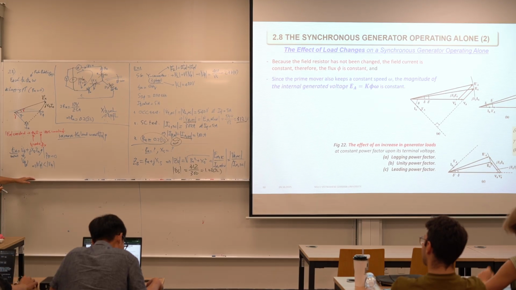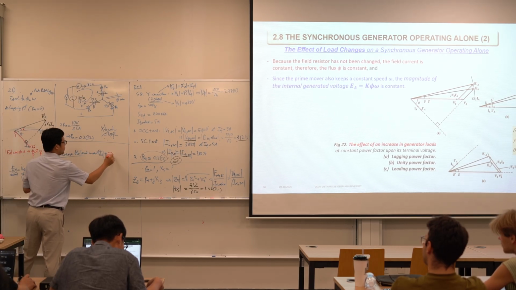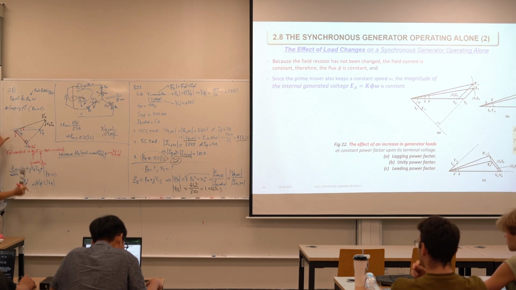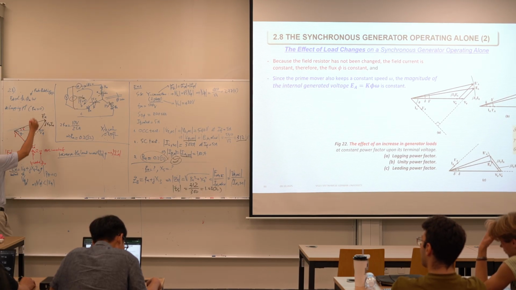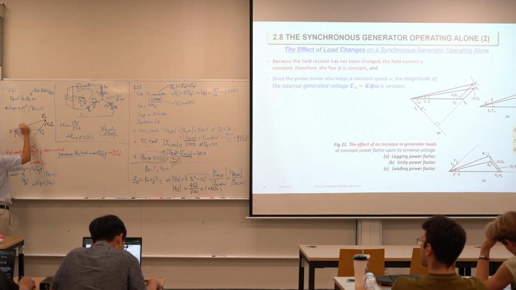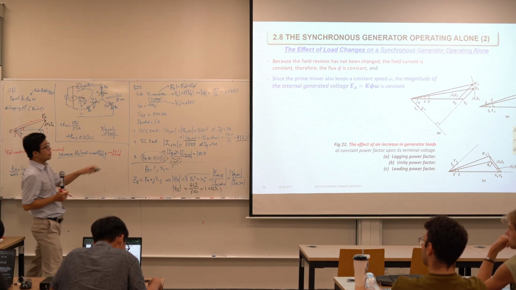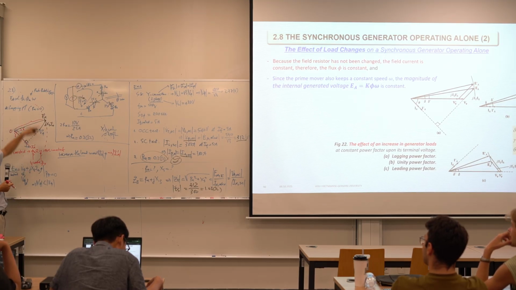Okay, so now we have EA over common, because we increase IA to become IA over common. Okay, so the magnitude is bigger. And this is the origin, and the magnitude of EA is constant. So this is like a circle, right? This is the circle. So the magnitude of EA becomes the radius of this circle, right?